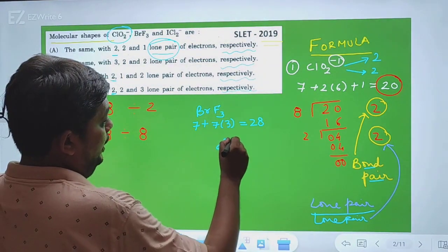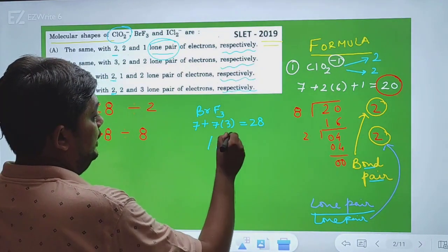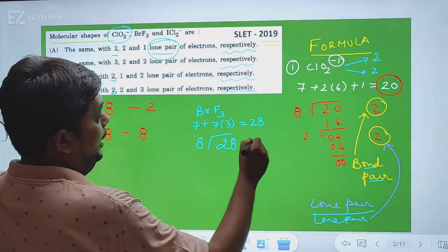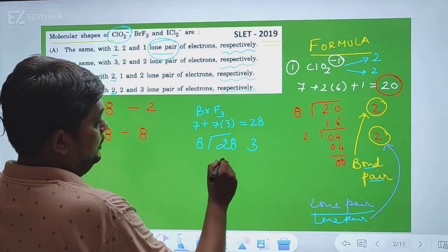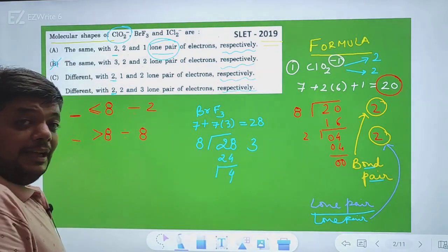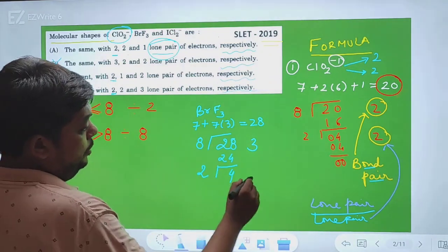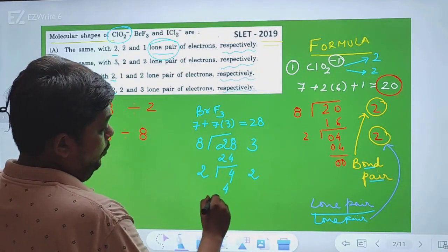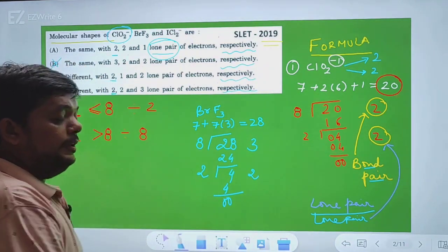Applying the same formula, 28 is greater than 8, so I divide it by 8 and end up with 3. That is 24, I am left with 4, which is less than 8, so I divide it by 2, 2 times 4, ending with 00.